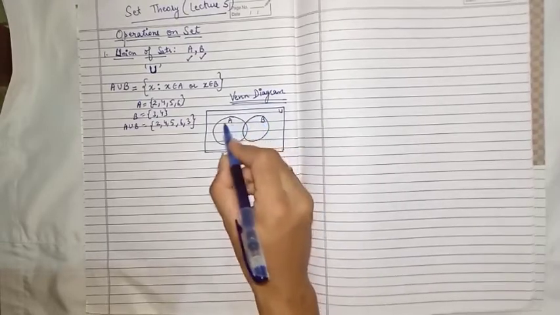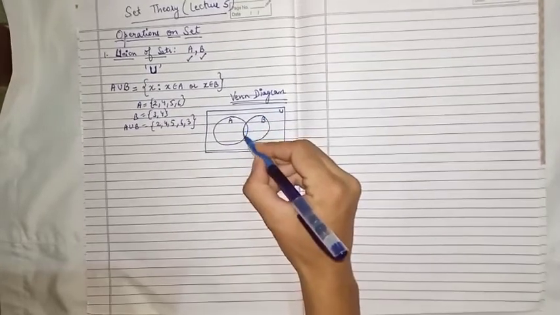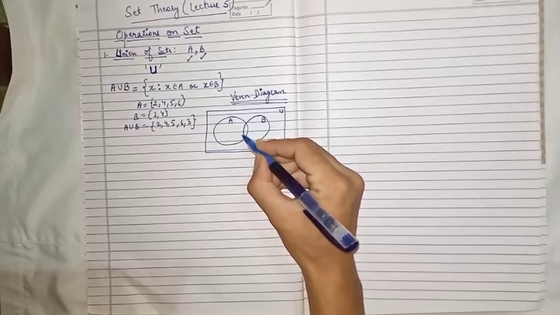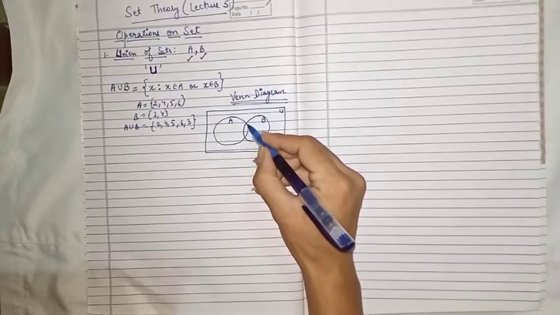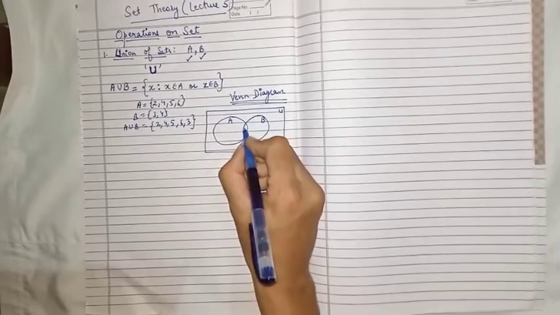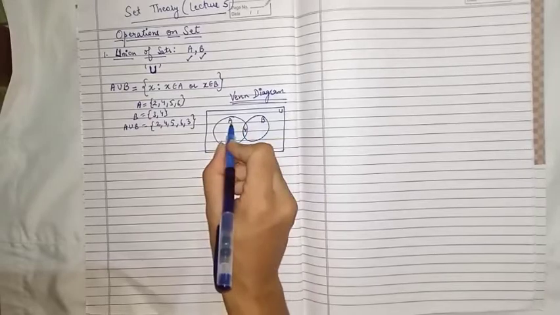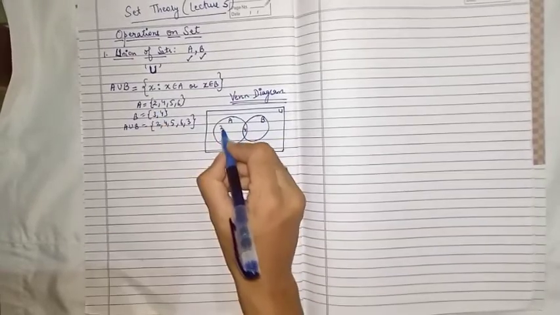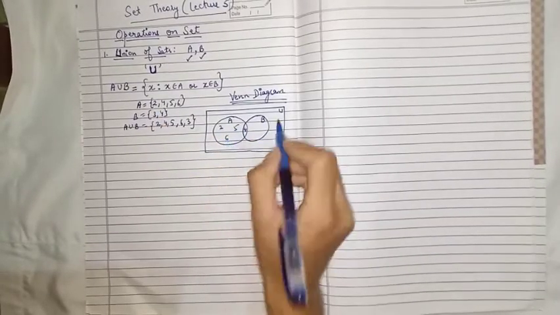This is my B set, this is my A set. Now this portion is the intersection portion. That means this portion belongs to A as well as to set B. So I'll write my element 4 here, and the rest of the elements from A, 2, 5, 6, and from set B there is 3, right?